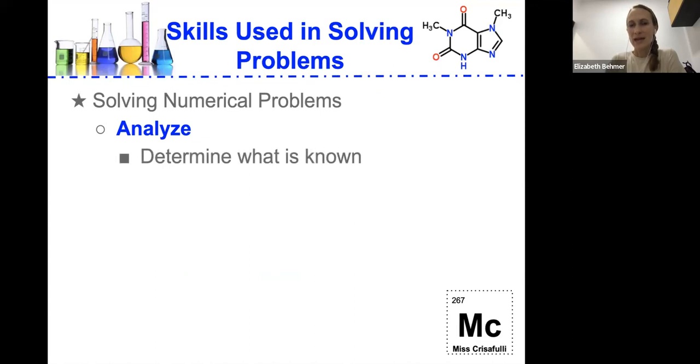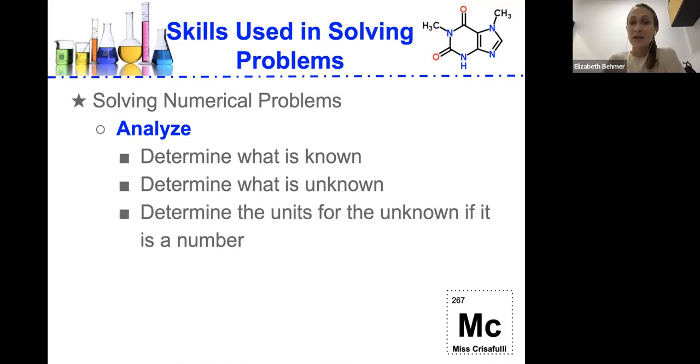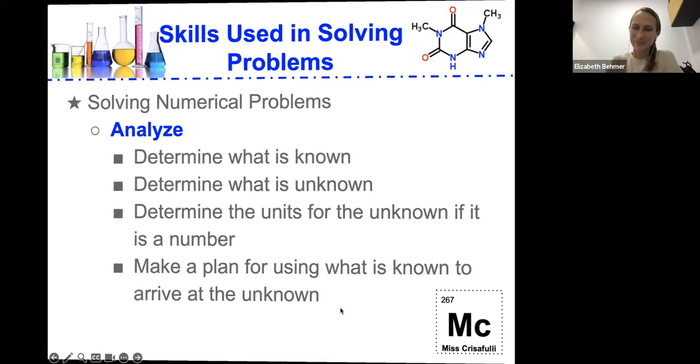So when you're looking at a number problem in chemistry, first analyze the problem to determine what is known. So what they give you. Then determine what is unknown. What is the problem asking for? Then you determine the units for the unknown, if it is a number, and then make a plan for using what is known to arrive at the unknown.